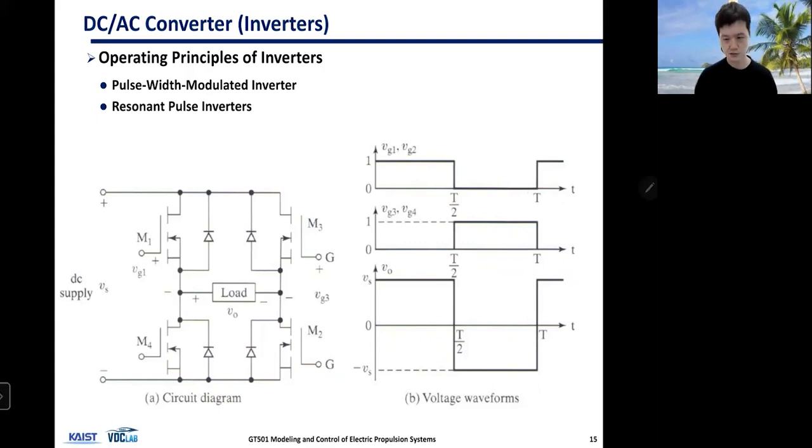But for AC machines, you need to provide AC voltage and current so that it matches with the rotating motion, and you can continue to provide torque. To do that, you need inverters, meaning that you have a DC power supply, and you need to convert that into alternating current output for the motor. Okay.